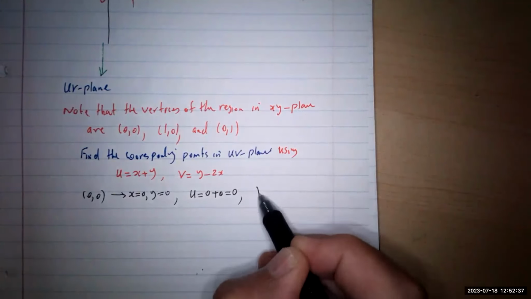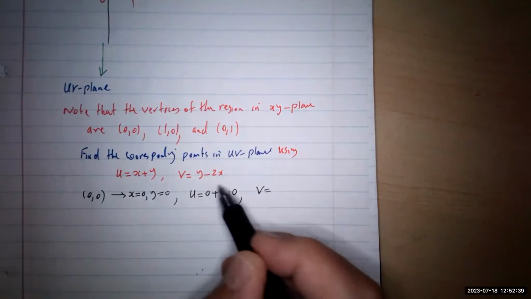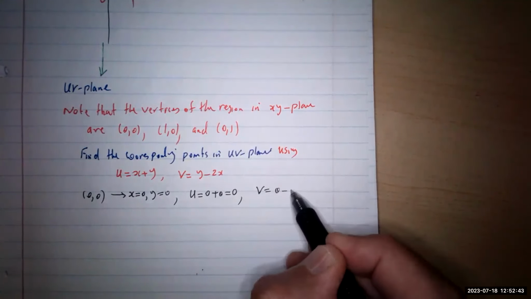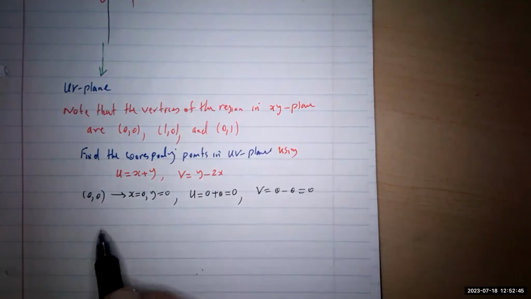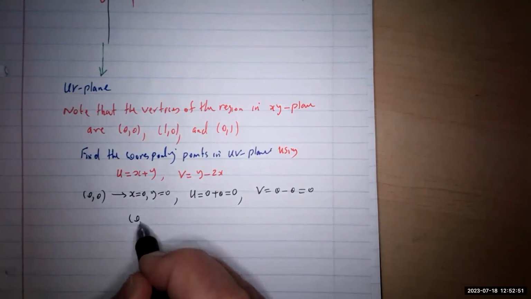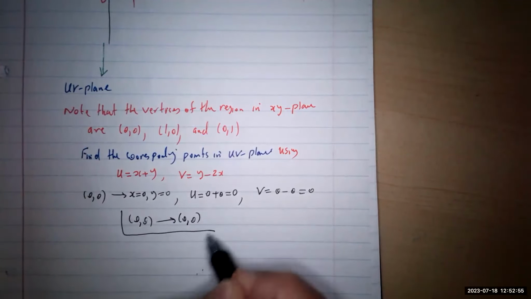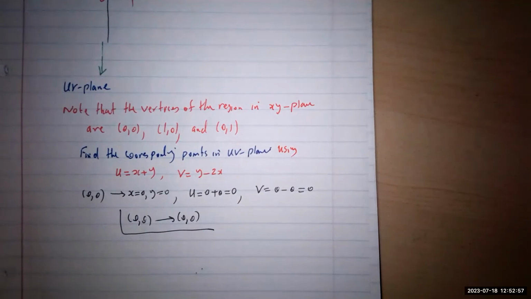And what's going to be your V? Again the same thing: 0 minus 0, which is 0. So (0, 0) goes to (0, 0). Okay, any question?